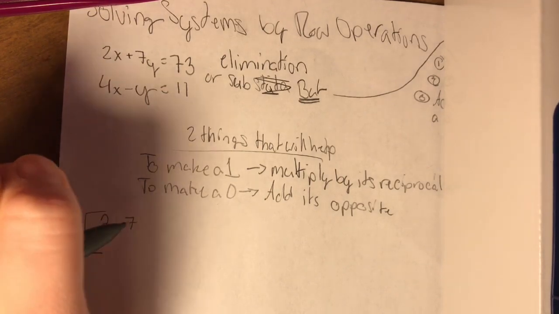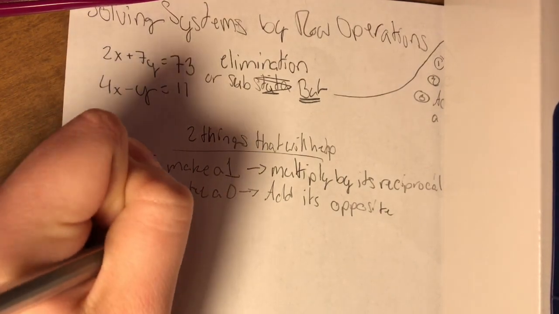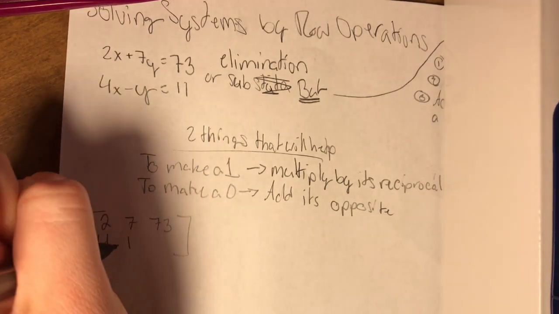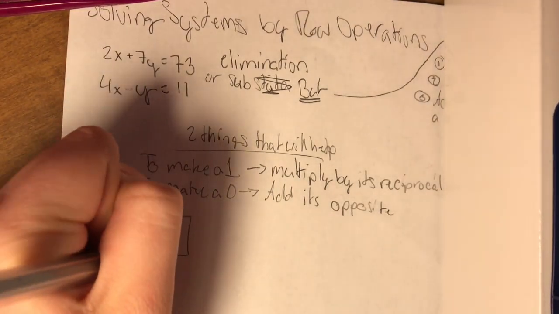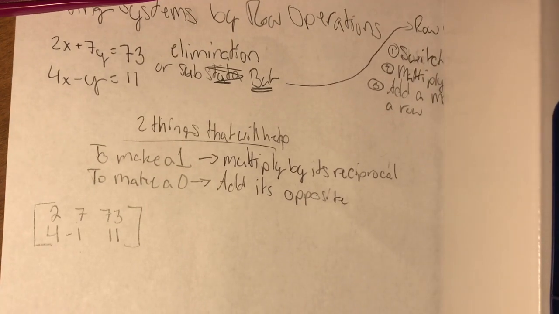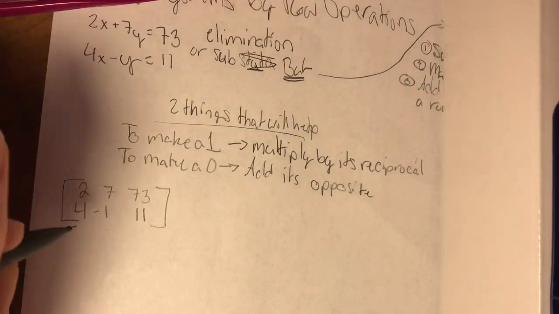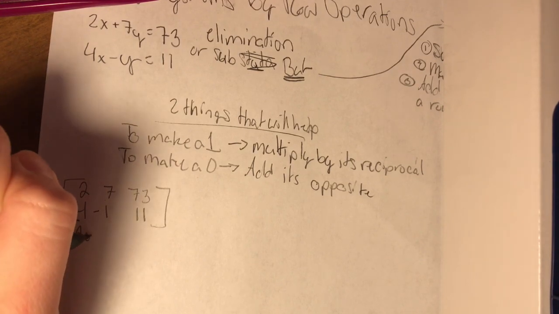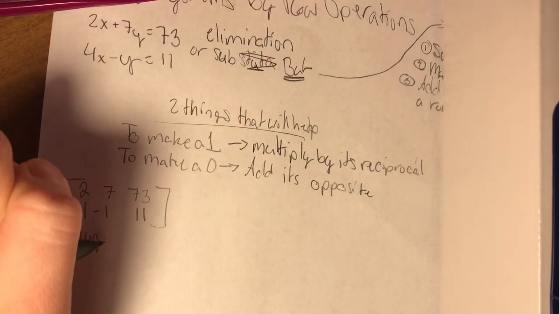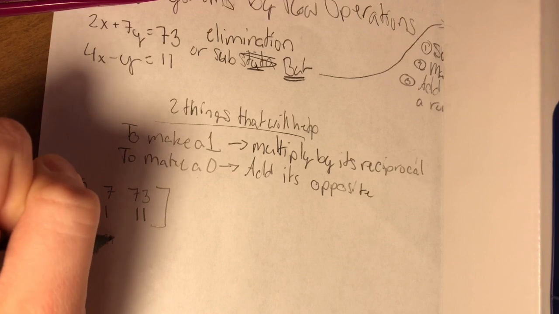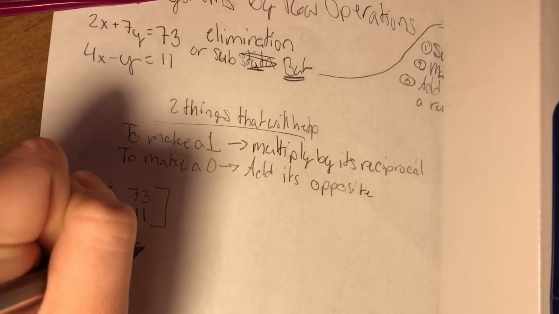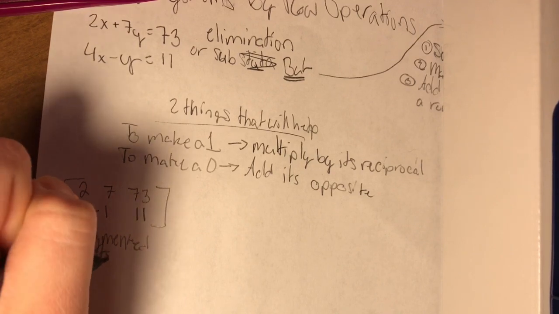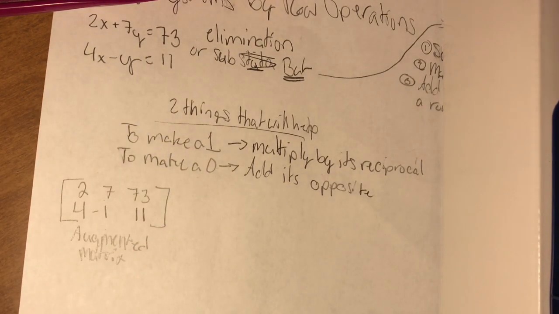Two, 7, 3, 4, 1, oh, -1, then 11. That is called an augmented matrix, I think.